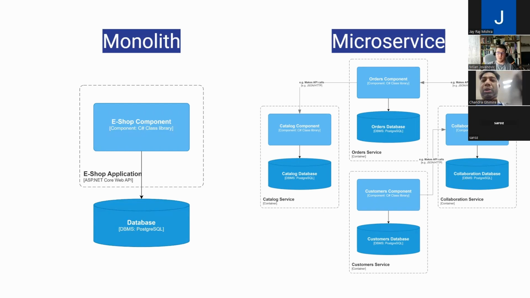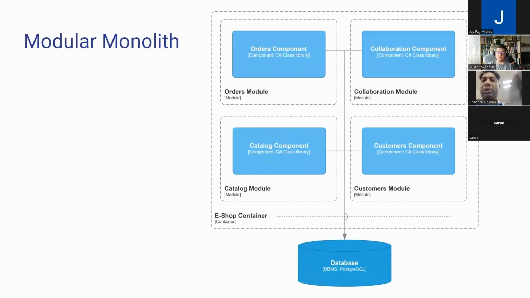So if we try to combine these two, like I discussed, we want the physical architecture of a monolith, where we have one deployment unit, and we want to get this logical separation that we have in microservices. So this is what that would look like in a modular monolith system.